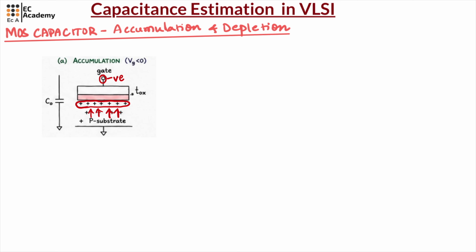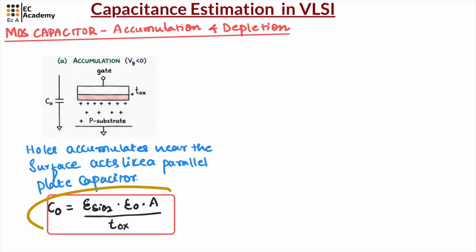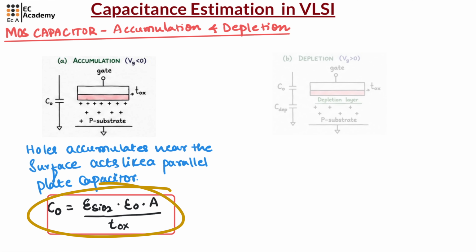So, it behaves just like a simple parallel plate capacitor. The holes accumulating near the surface act like a parallel plate capacitor. The oxide capacitance can be given as C naught is equal to epsilon SiO2 multiplied with epsilon naught multiplied with A divided by T oxide.